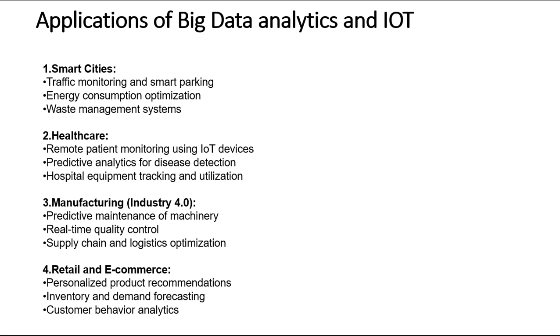Predictive maintenance of machineries, real-time quality control, supply chain and logistics optimization. Retail and e-commerce. IoT also plays an important role in retail and e-commerce. Personalized product recommendations, inventory and demand forecasting, customer behavior analytics. These are all the applications of big data analytics and IoT. IoT plays a vital role in each and every industry.